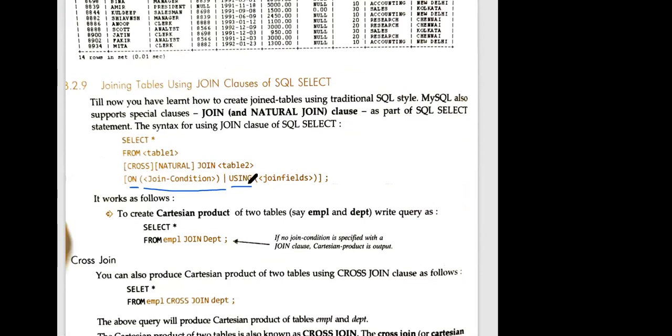And if you are using using, in that particular case you can write join fields. Now one more thing you have to understand, that if you are going to use on, generally we write the equal to operator, that is, for equi-join we are using on, and for using we are generally using natural joins.